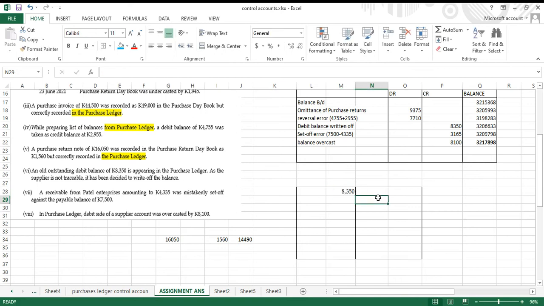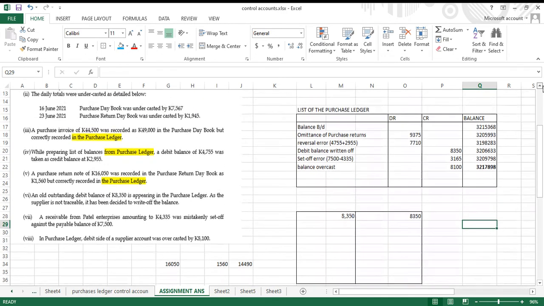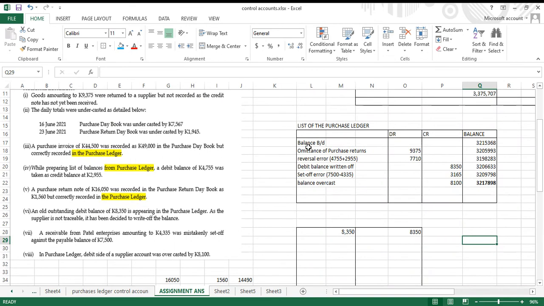We want to write it off. The only way we can write it off is we credit the same amount, 8,350. So now it has been written off. So we're going to credit our purchase ledger 8,350.